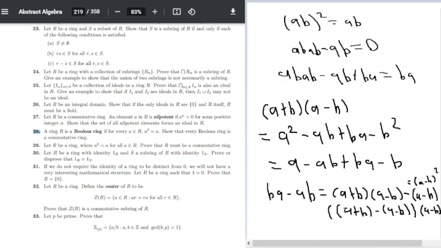And in this formula, the a's cancel, and we get 2 times b times (a minus b) is equal to ba minus ab.